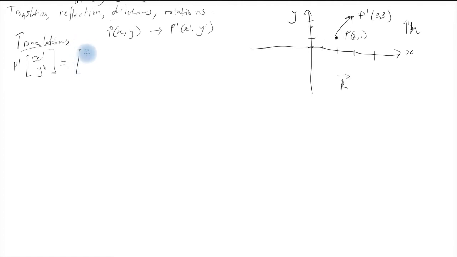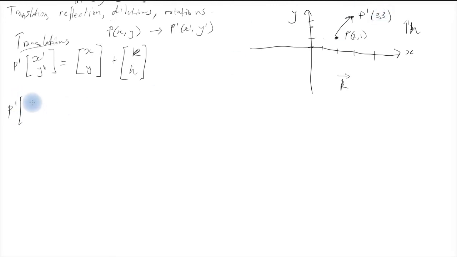Then to do that, we start at our original point x, y, and we add on, in the x direction, k units, and in the y direction, h units. K and h.